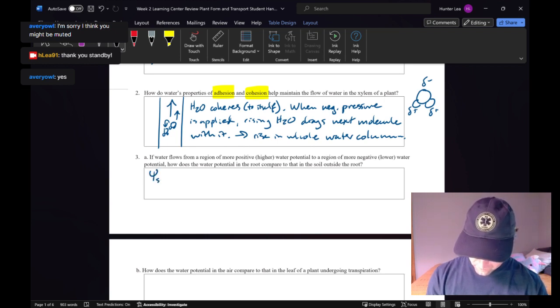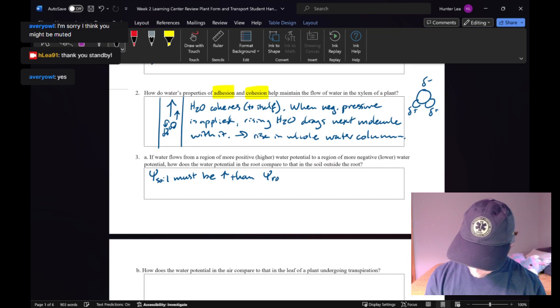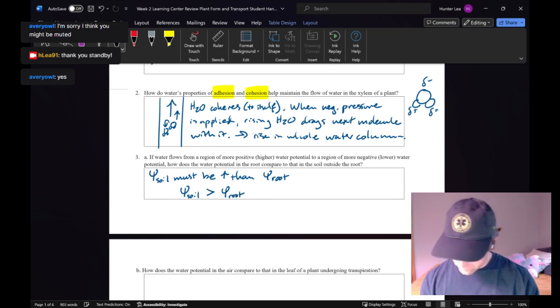Water potential of the soil must be higher than water potential of the root. Another way to write this would be water potential of soil is greater than water potential of root.